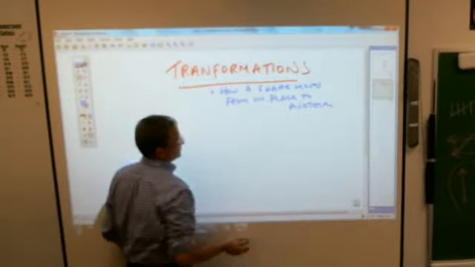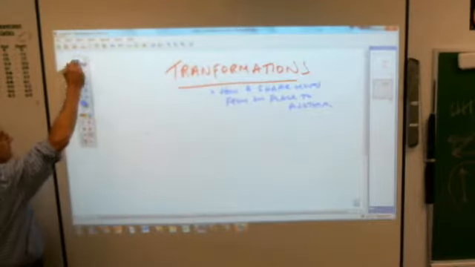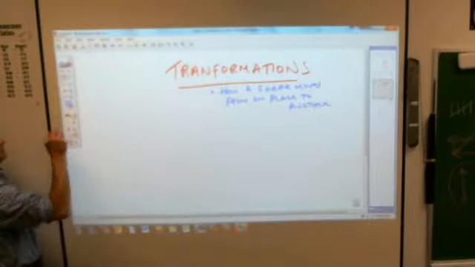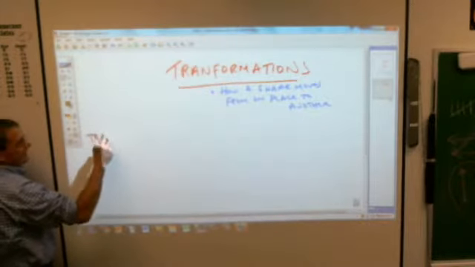And with transformations, really, you just need to know the three different ones. Okay? The three different ones, and they are these. You have one which is a translation.